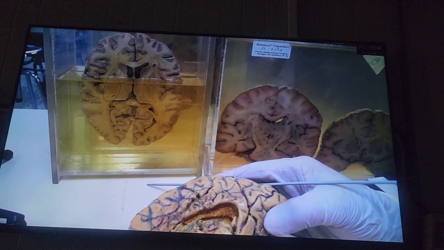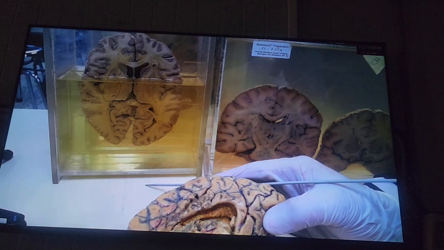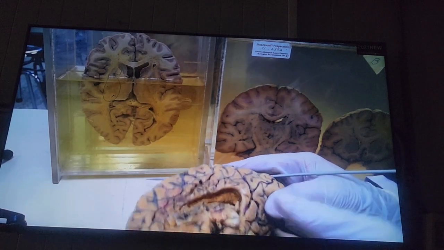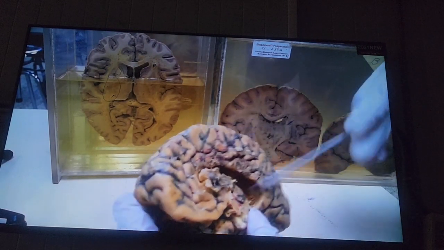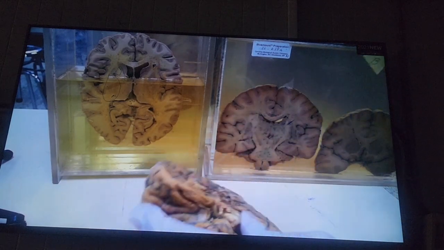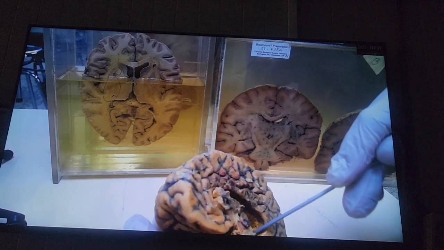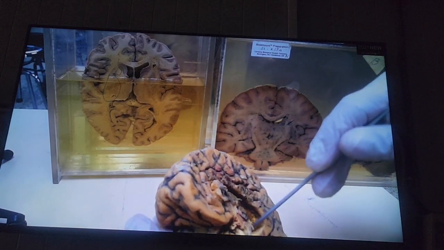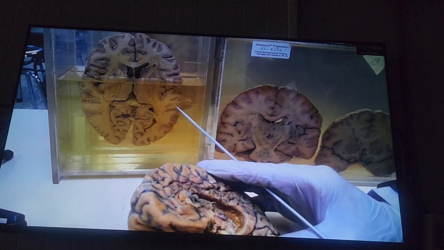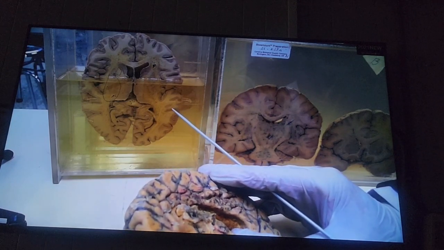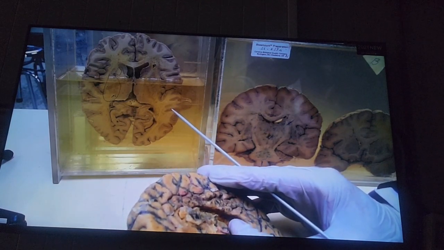The medial wall of the posterior horn of the lateral ventricle consists of two slightly convex structures, which are not clearly observed here. One is produced by the collateral sulcus and another formed by the calcarine sulcus.